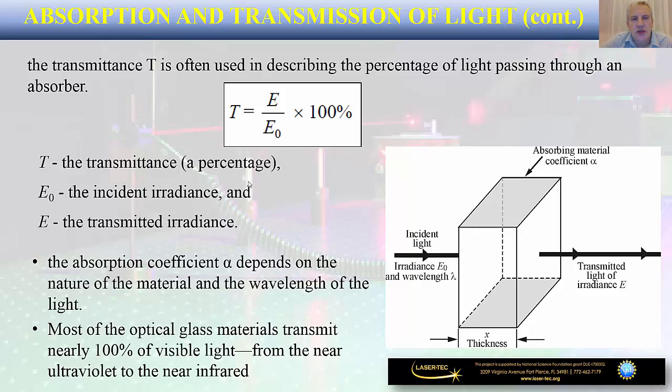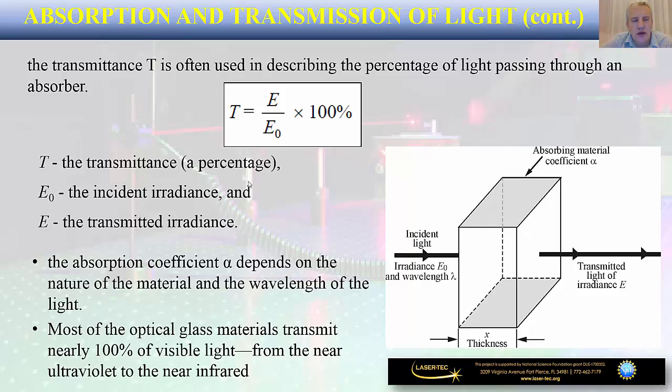That's going to be a percentage quantity. It's very easy to see, if we apply the formula from the previous slide, that the transmittance is determined by the properties of this optical window and also the thickness of the window.